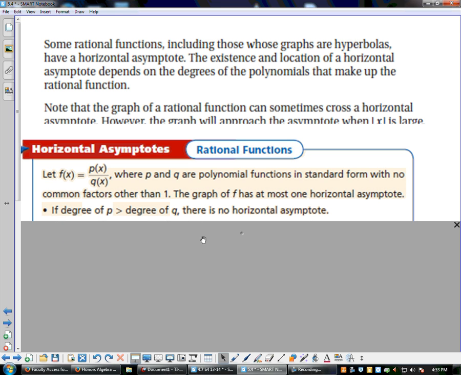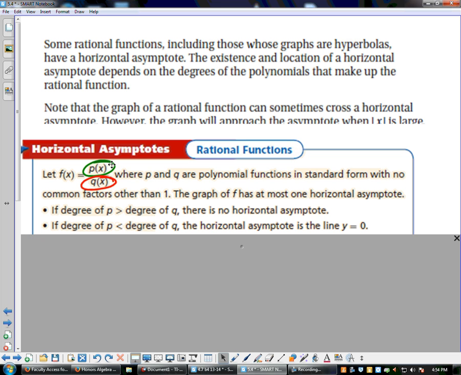How do we tell whether there's going to be a horizontal asymptote or not? We're going to look at the degree of the numerator polynomial and compare it to the degree of the denominator polynomial. If the degree of the numerator polynomial is greater than the degree of the denominator, then there is no horizontal asymptote.